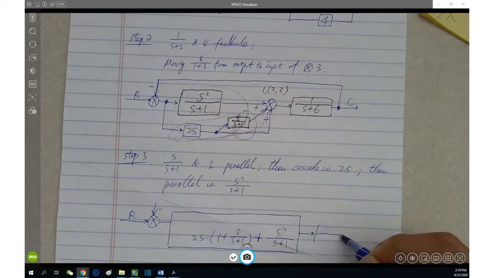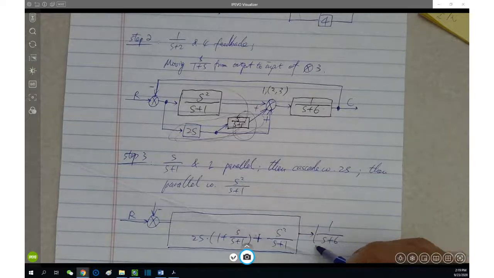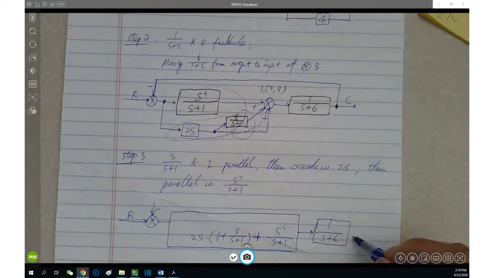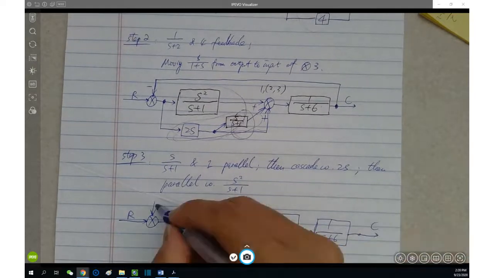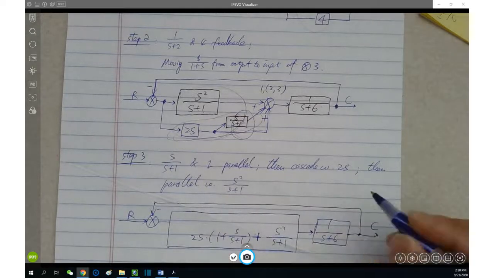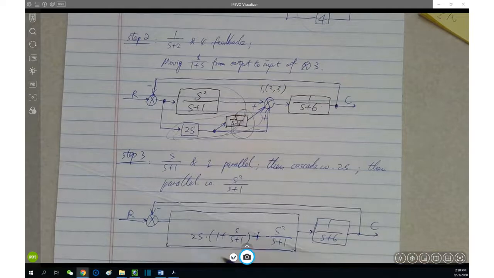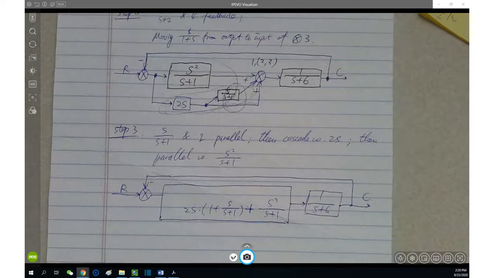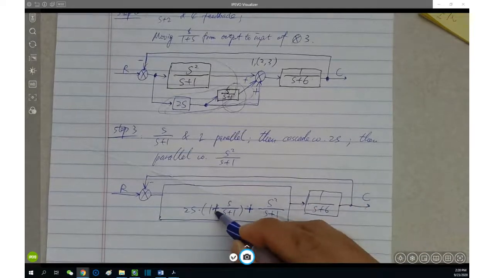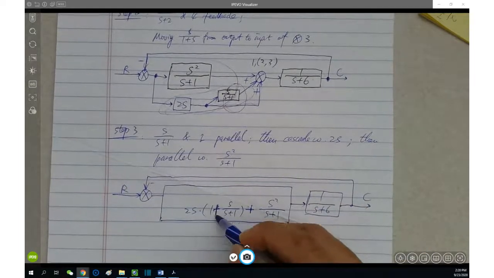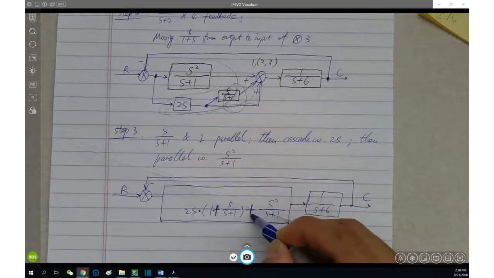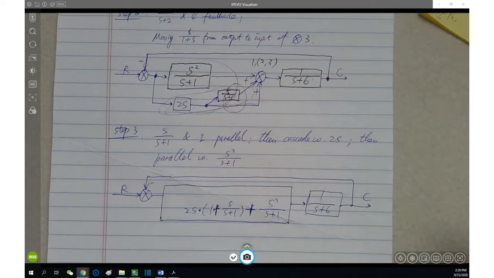Then cascade with 1 over S plus 6. With unit feedback on top, it doesn't matter. Does it make sense? This is the result. 1 cascade, 1 parallel, 1 cascade, another cascade. Done.